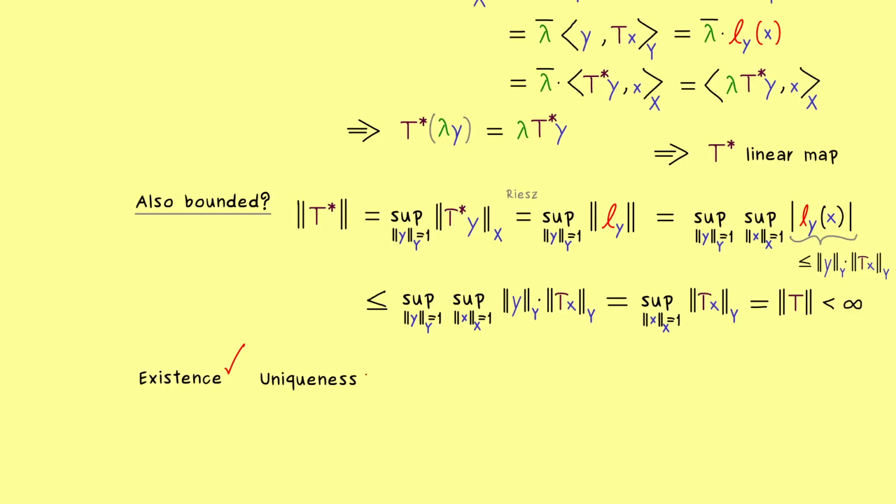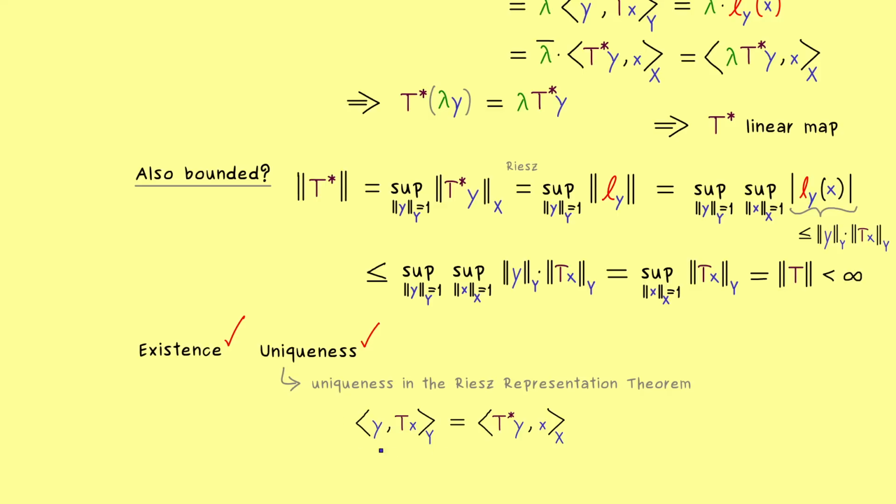Moreover, the uniqueness is also done because there was no choice at all how to define T star. In fact, this comes immediately from the uniqueness in the Riesz representation theorem. So maybe let's quickly recall the point there. This one was the defining property, and on the left hand side we have a linear functional L_y. And this functional is uniquely represented by the vector x_{L_y}.